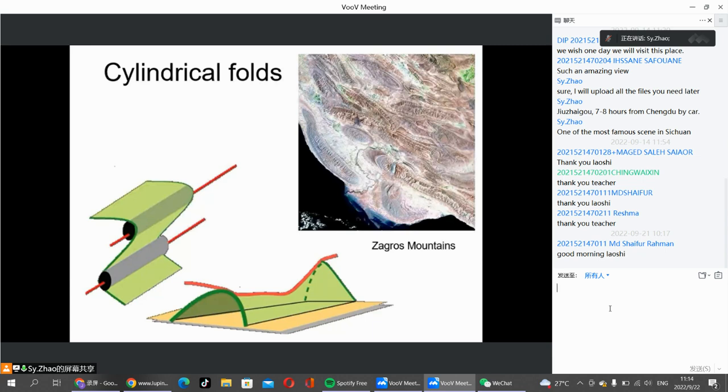This differential erosion formed the linear ridges of the Zagros Mountains, and the depositional environment and the tectonic history of the rocks were conducive to the formation and trapping of petroleum. And the Zagros region is an important part of Persian Gulf oil production in the Middle East.